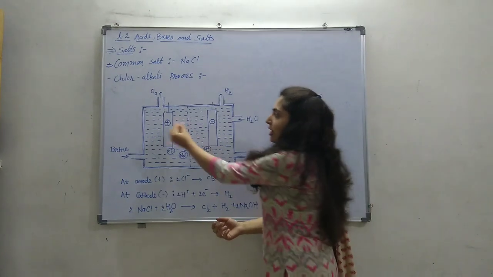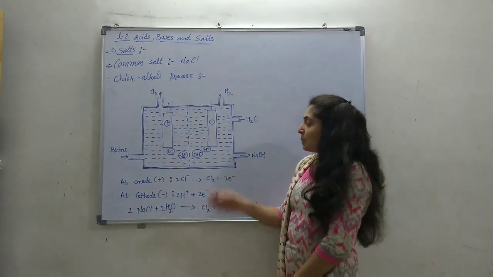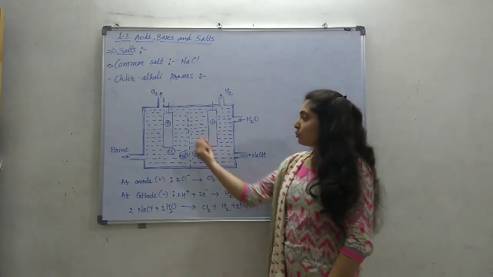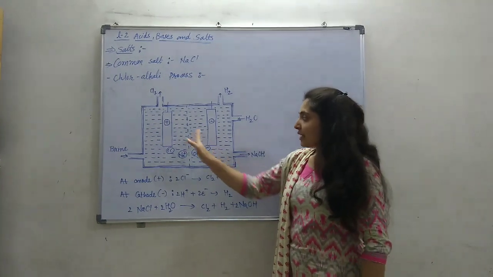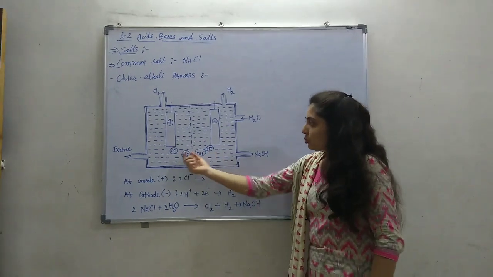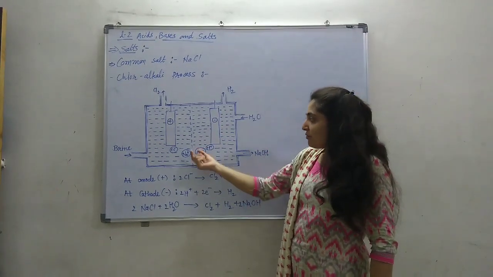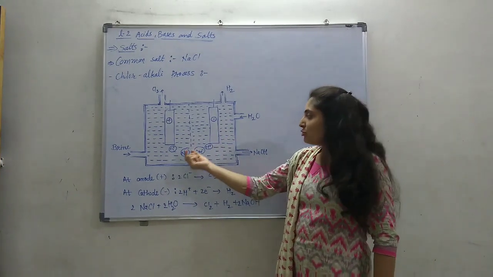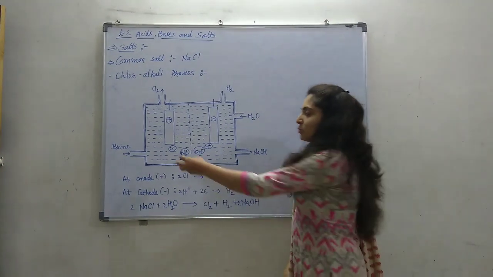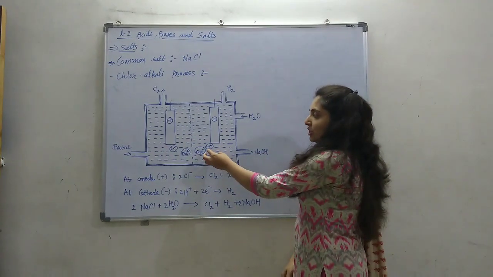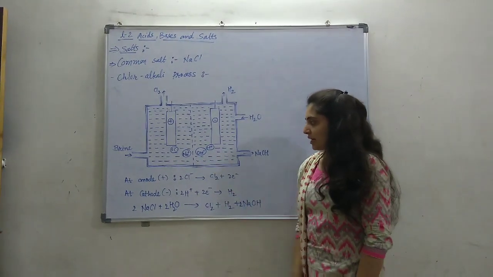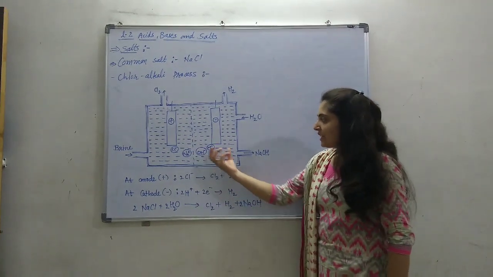OH- should be attracted towards the positive electrode, but the membrane will not allow OH- to reach it, because it cannot pass through the membrane. But Na+ will pass through the membrane and come here. Before it goes to the negative electrode, it reacts with OH- and makes NaOH.